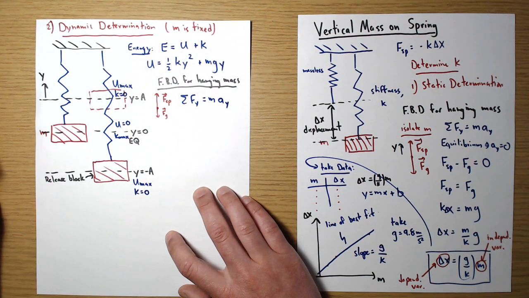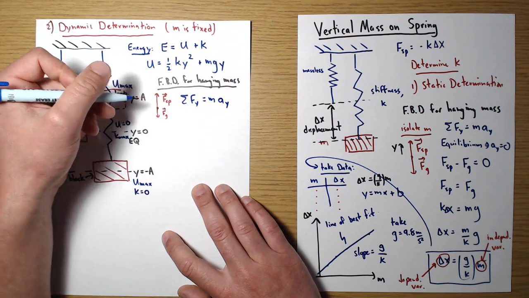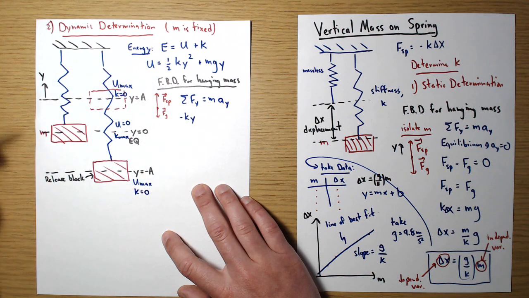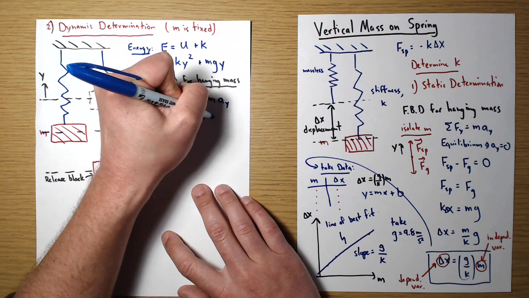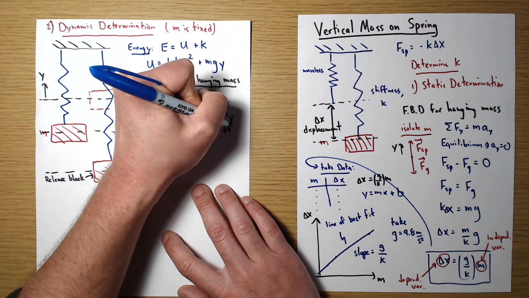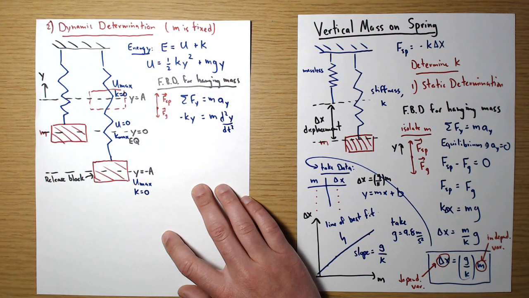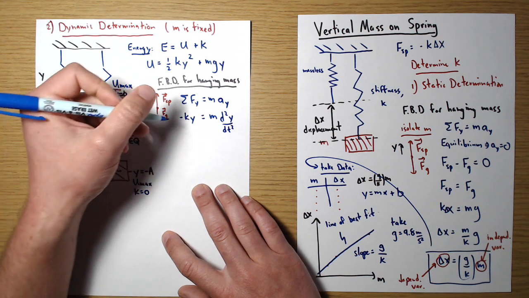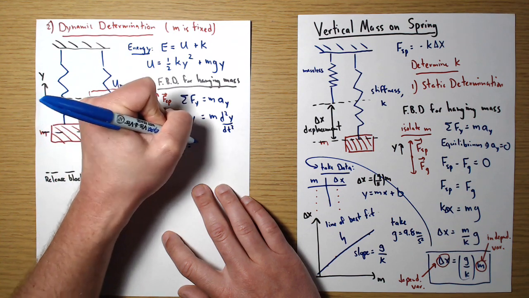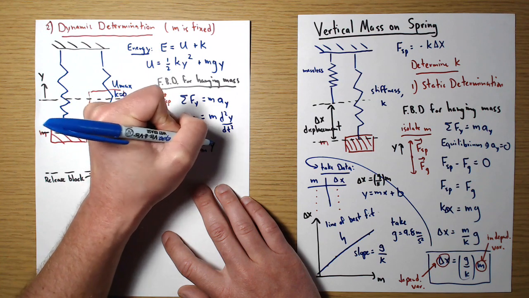Summing up all the forces in the y direction, I simply have negative k y equals m times d2y dt squared, or the second derivative of y with respect to time. Now if I take this equation and rearrange it slightly, I get d2y dt squared equals negative k over m times y.